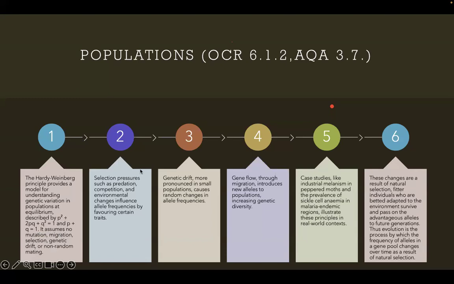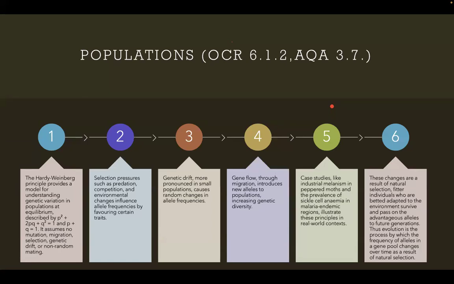And so I've explained to you here what genetic drift is. Genetic drift is more pronounced in small populations, and that's because there's a restricted gene pool. Gene pool refers to the frequencies, well, the availabilities, I guess, of different alleles. So think of a population of 100 people.